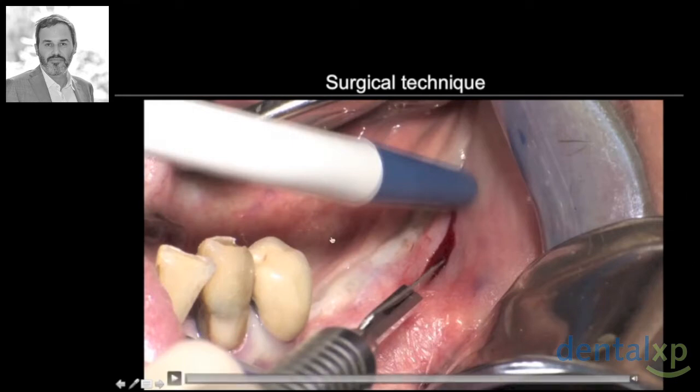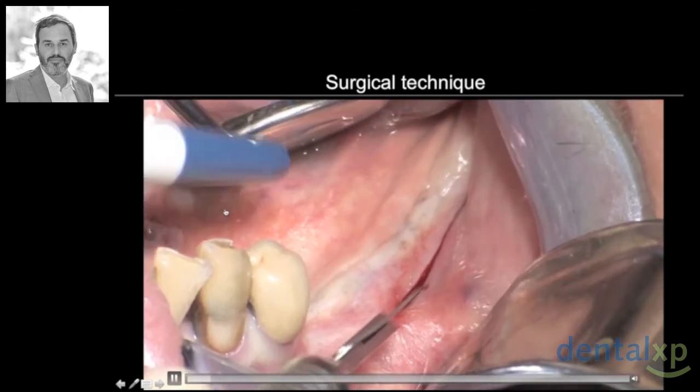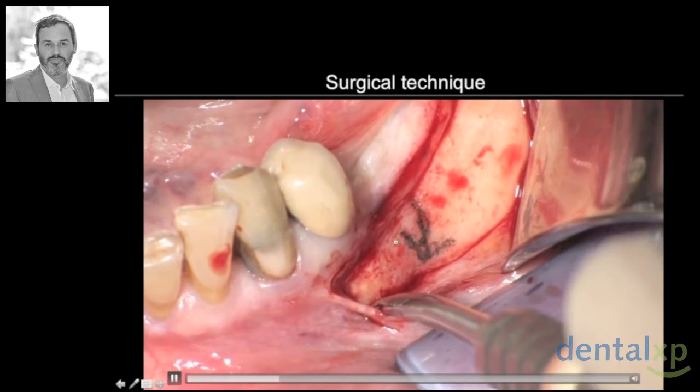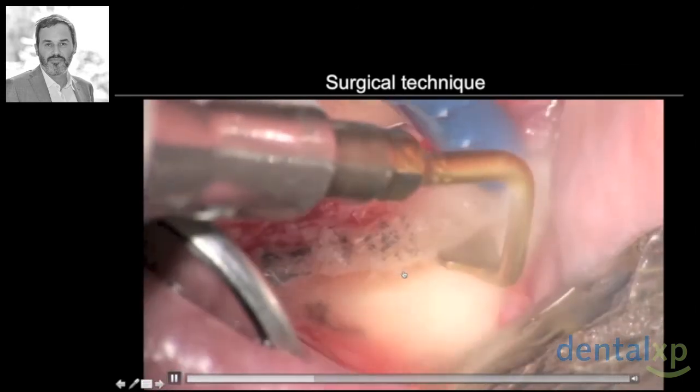The first thing to do is to decide where to make the total thickness incision with our scalpel. The height of the vestibular incision will depend on the position of the mental nerve. After making the incision, we expose the area and isolate the mental nerve.